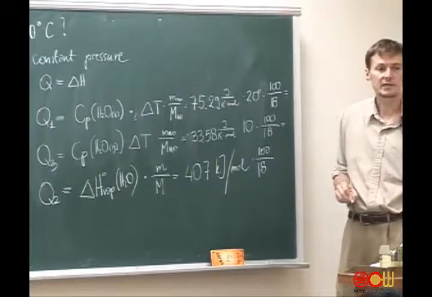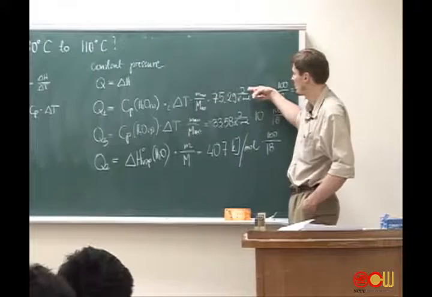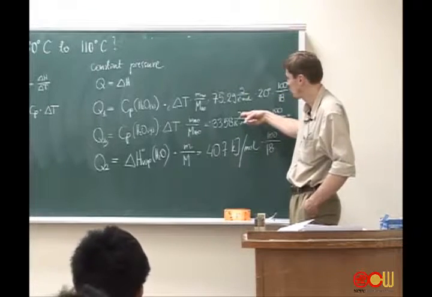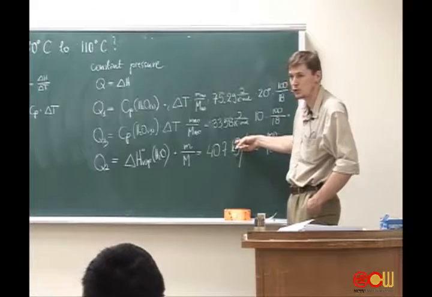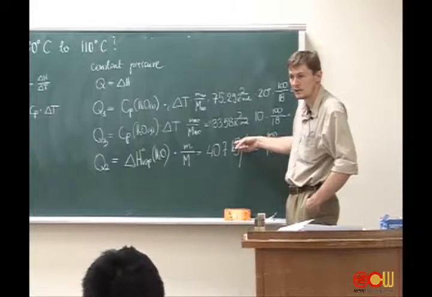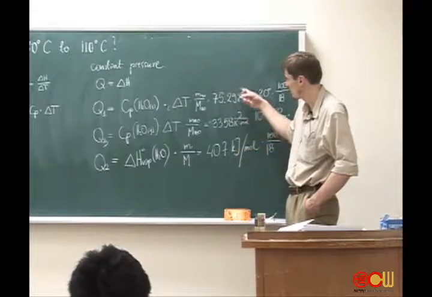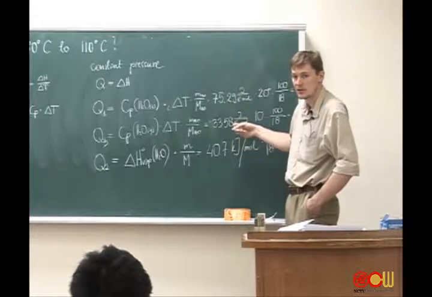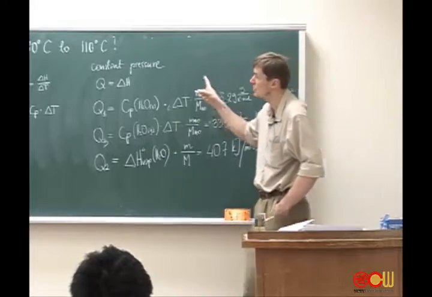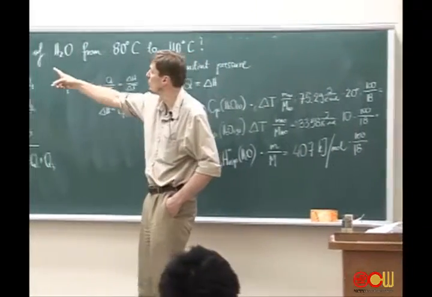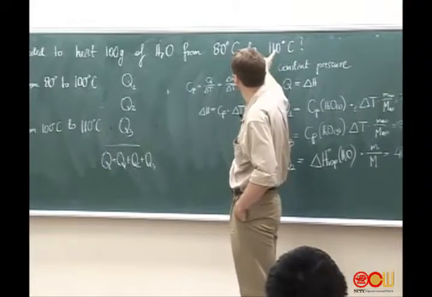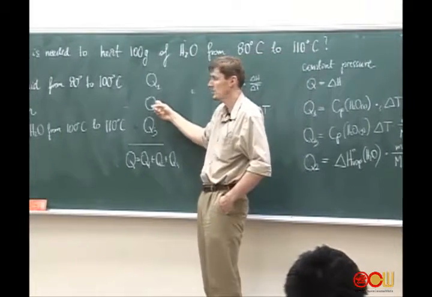But now notice the following thing. Here, joule. Here, joule. Here, kilojoule. This one is 1,000 times larger than these things. So it looks like the total energy of heating water from 80 to 110 is really coming from this energy.